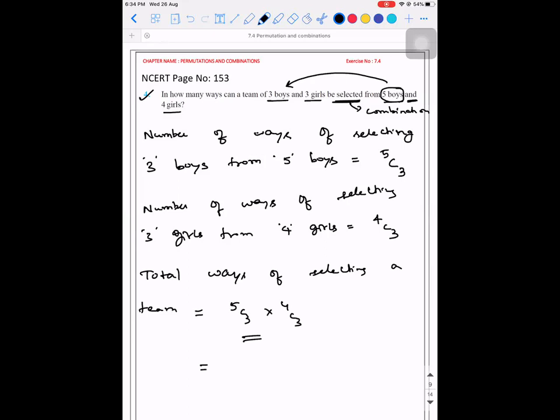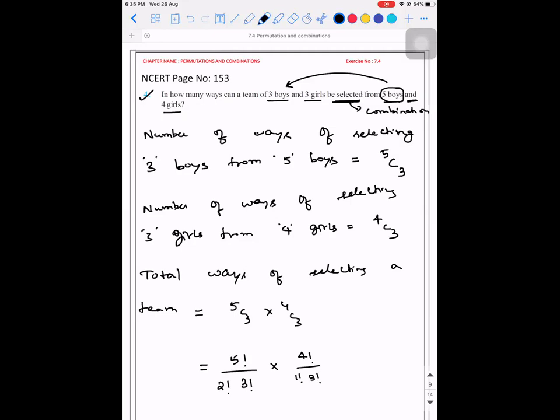So how do you solve this? 5C3 into 4C3. It is 5 factorial divided by 2 factorial into 3 factorial, and 4 factorial divided by 1 into 3 factorial.